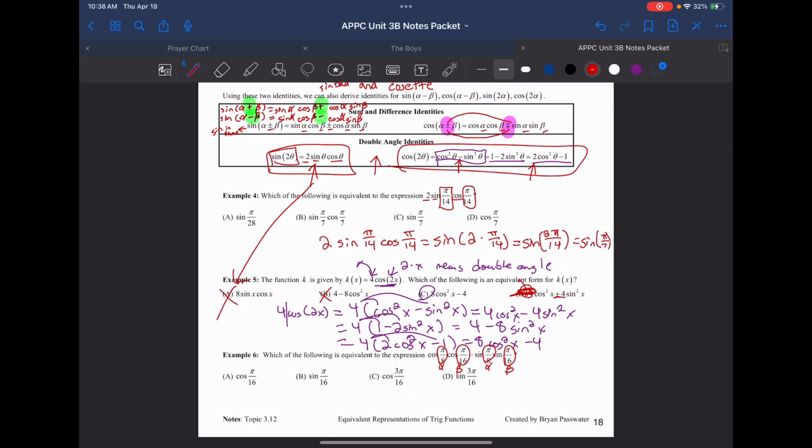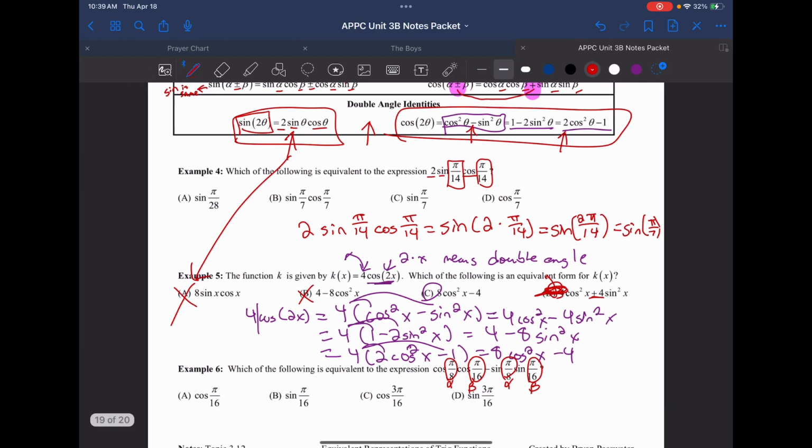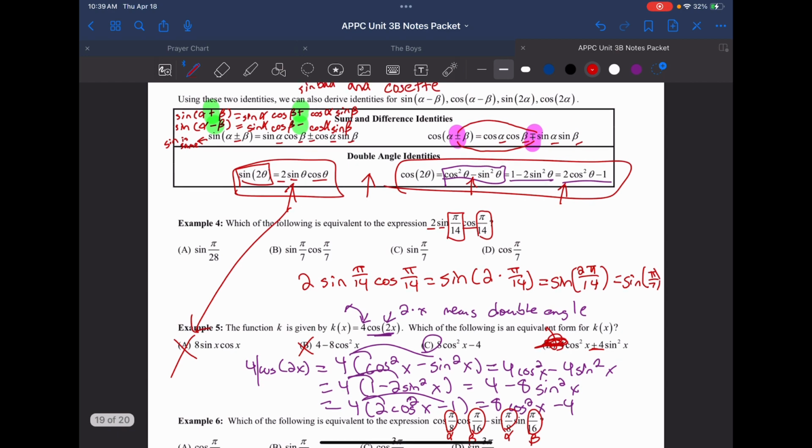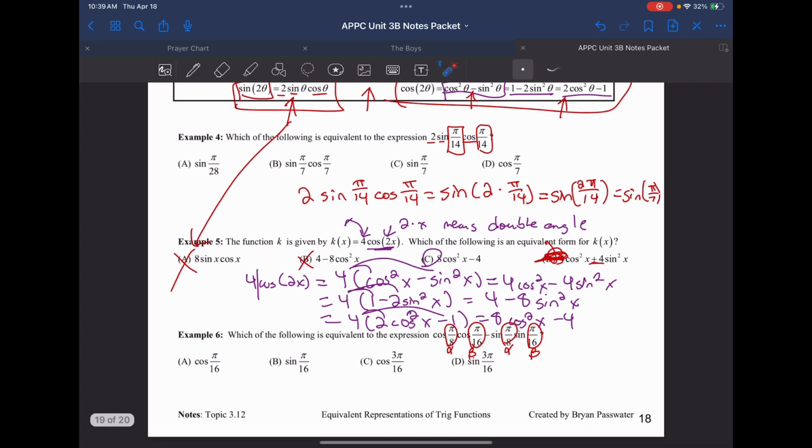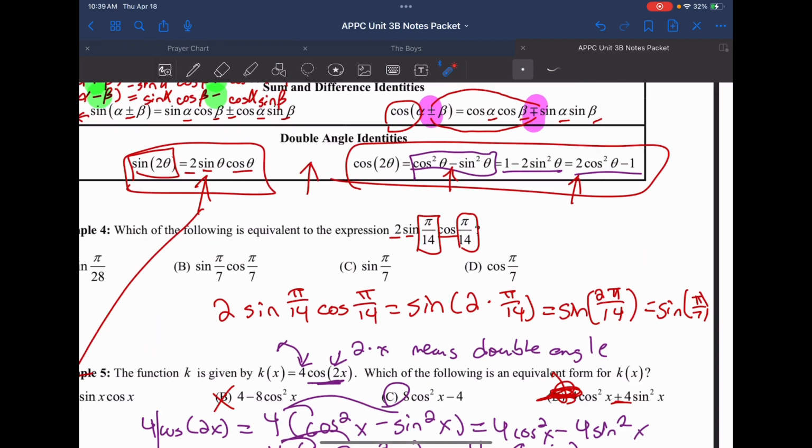And then I look at the order. I've got cosine, cosine back to back. So that lets me know I'm working with the cosine identity here. Because here, this is working with sine, cosine, cosine, sine. On cosines, they're paired together. Sines are paired together. And it's the subtraction version. So on this, remember they do the opposite.